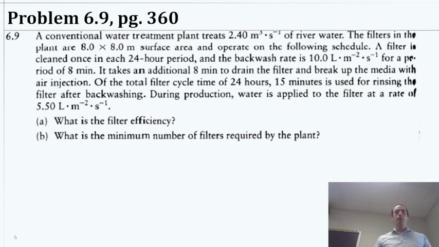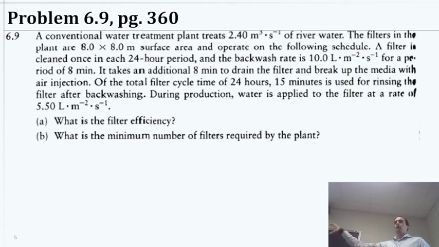It takes an additional 8 minutes to drain the filter and break up the media with air injection. That would be right before the backwash, really. Then of those total filter cycle time of 24 hours, 15 minutes is used for the rinsing of the filter after backwashing. During production, water is applied to the filter.